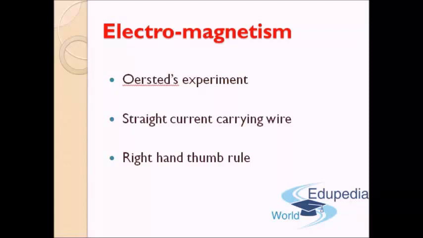Next we will see how a straight current carrying wire produces a magnetic field. And finally we will close the lecture with what is known as the right hand thumb rule, which gives the direction of magnetic field produced by any current carrying wire. So let's start this interesting discussion.